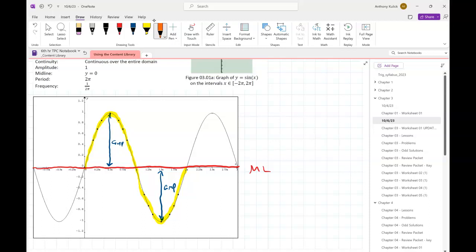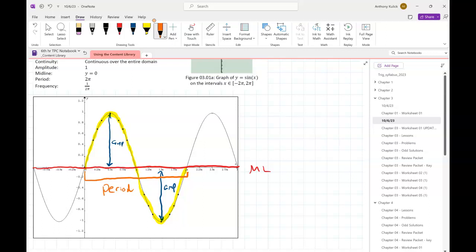Everybody's okay with that? The distance horizontally from the start of that cycle to the end of that cycle, that's the period. So the period is the length of one cycle of our graph. Everybody's okay with that?